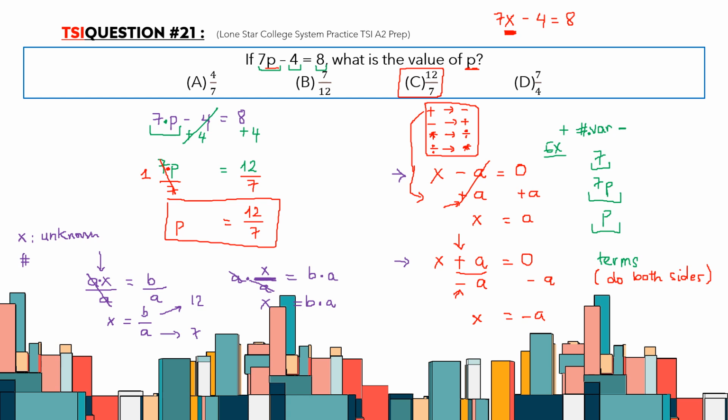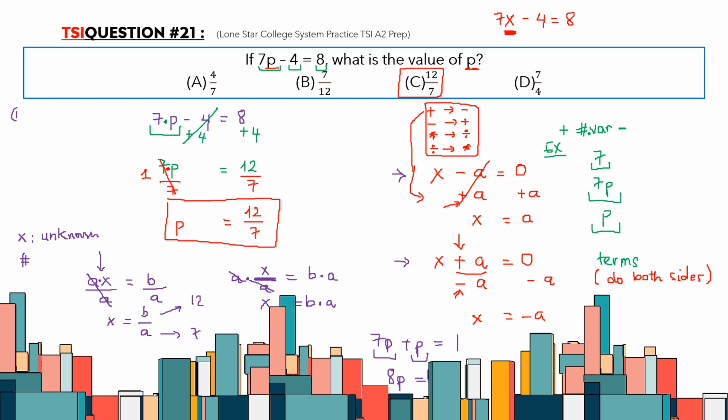Okay, so first we have to isolate the term that includes x. So we have to combine like terms. So if we have 7p plus p equals 1, we have to combine like terms. It's just like you have 7 candies, you have one more candy, you have 8 candies. So 7p plus p is 8p. See, combine like terms.